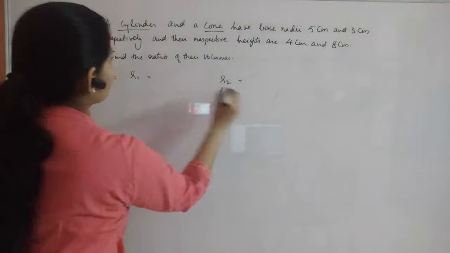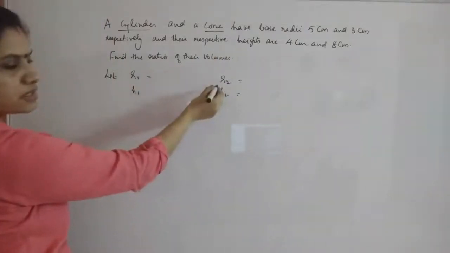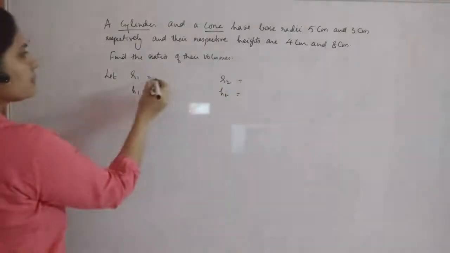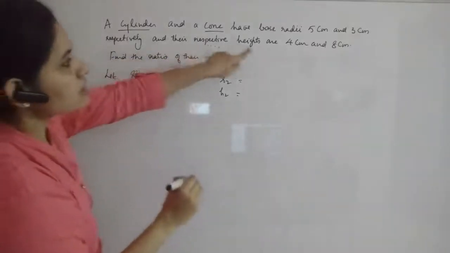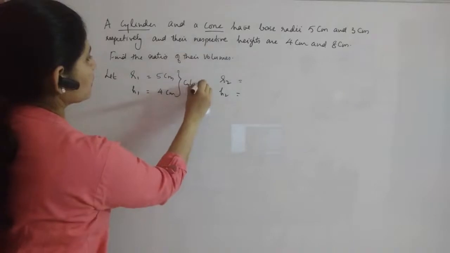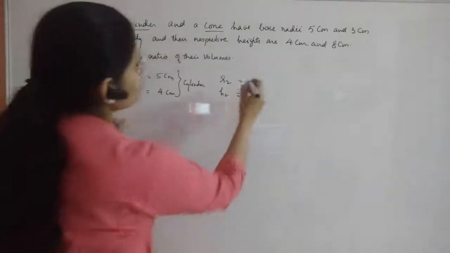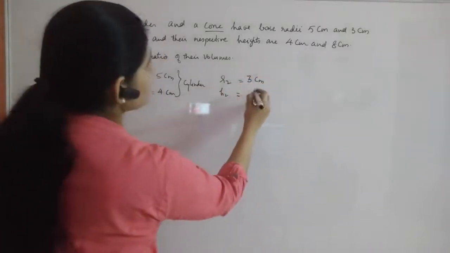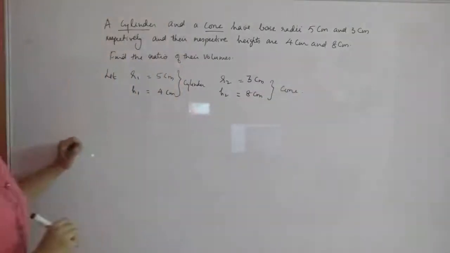Okay, R1 and R2 be the radii of them respectively, means I am taking R1 as the radii of the cylinder, which is given to be 5 cm and height is given to be 4 cm. This is for the cylinder. Okay, and R2 and H2 I am taking for, this is 3 cm for the cone and the other one is 8 cm, and this is respectively of the cone.